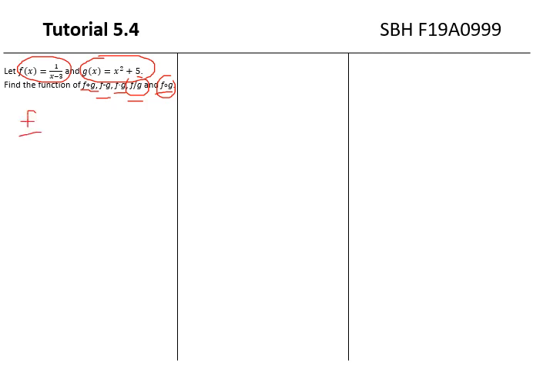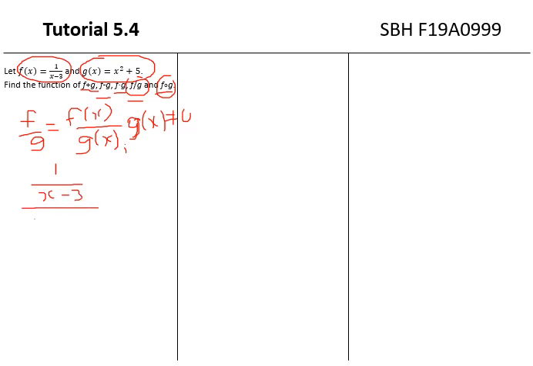So, f over g equals f(x) divided by g(x), with the condition that g(x) cannot be 0. g(x) cannot be 0, or else our function is invalid. f(x) is 1 over x minus 3, divided by x squared plus 5, which equals 1 over x minus 3 times x squared plus 5 over 1.